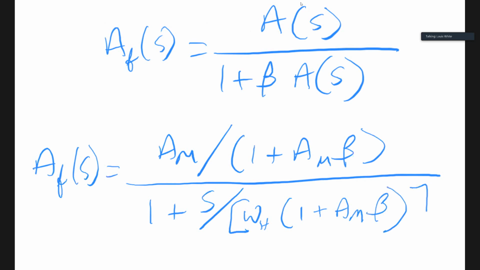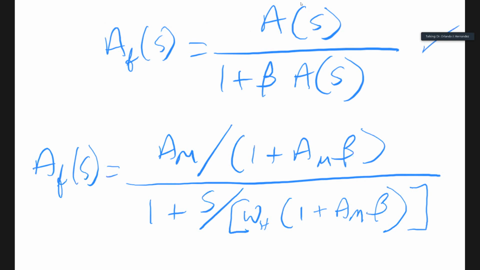Sorry, was the first equation the open loop above that technically? Or wait, this one right here is the closed loop gain. That's the closed loop gain. Yeah, this is the closed loop. The one before that was the open loop gain of just the A block. Okay.